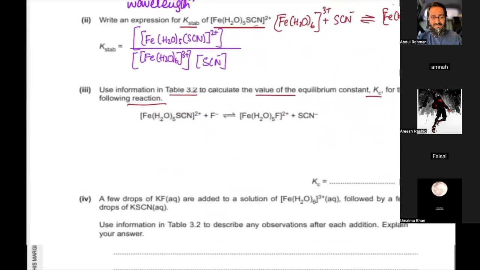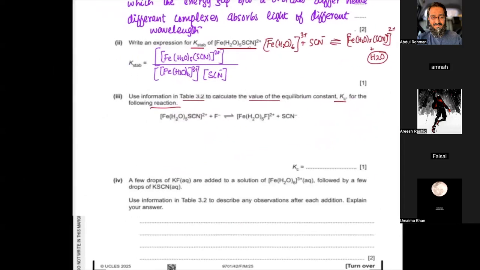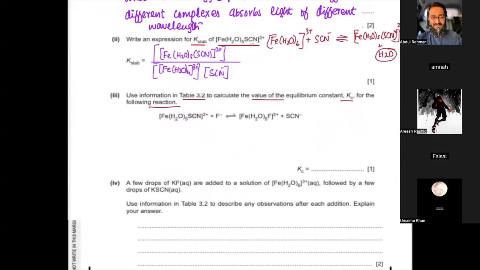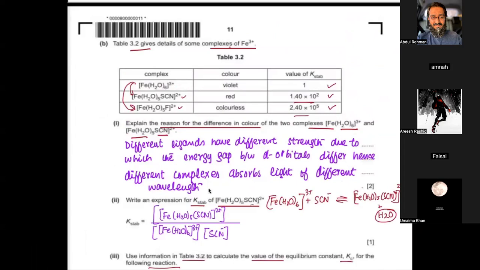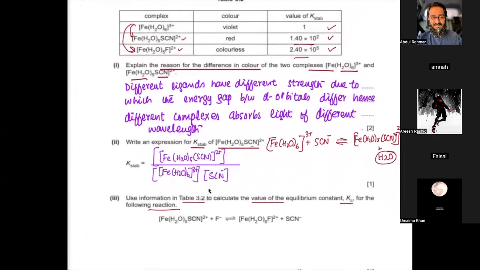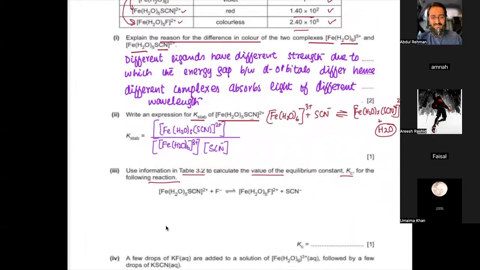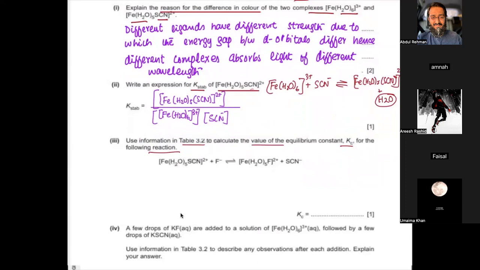So you can make the Hess cycle for a Kc expression. Okay, that's fine. So for a Kc expression, you have to calculate the Kc value, right? You are given the values, and you are going to put these values over here.